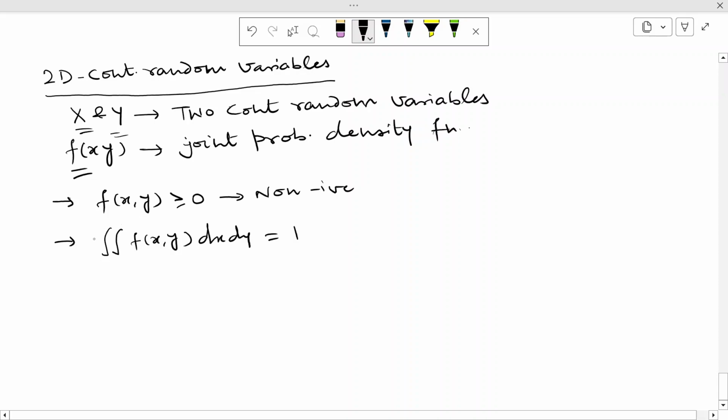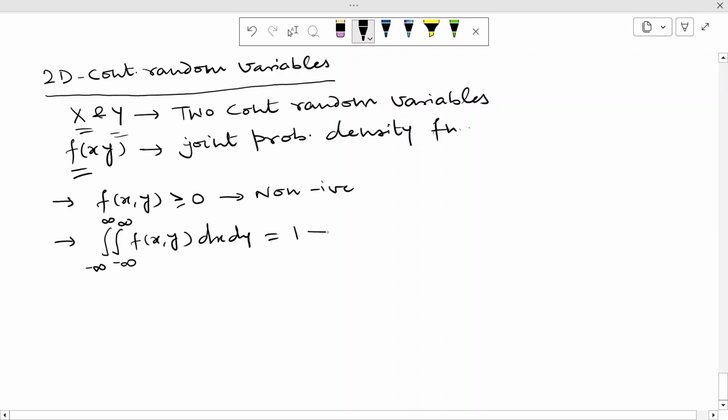Now the very important concept is the limits of this double integral. In general we assume that both the random variables are defined from minus infinity to plus infinity, so we consider the limits as minus infinity to plus infinity, but yes, we need to modify these limits as per the definition of the function fxy.